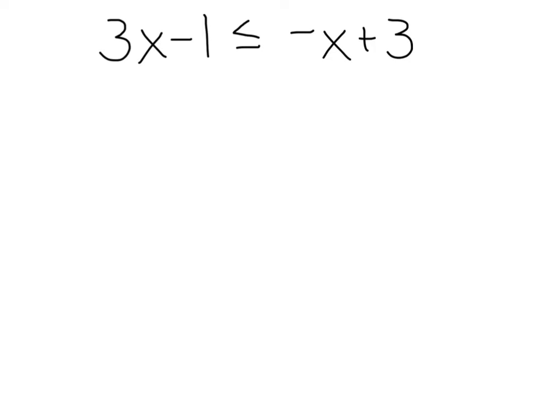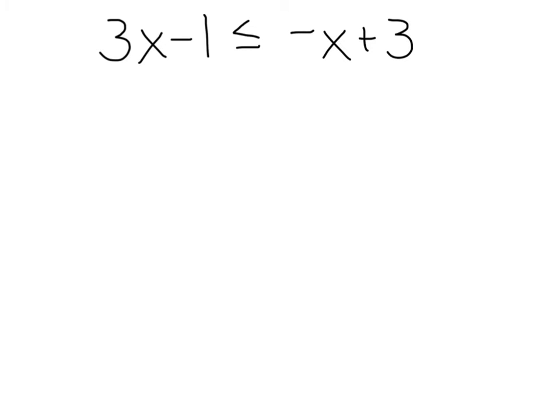This next example is different. We have already been told which side is greater or less, but our job is to simplify and isolate the variable so we can find out what value would make them equal and then what values would help satisfy the less than or equal to symbol.